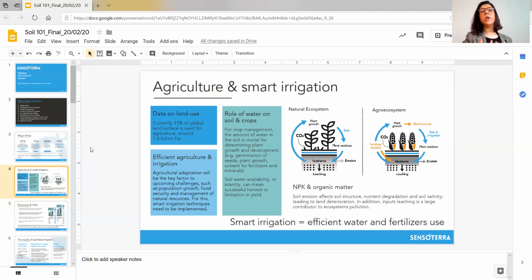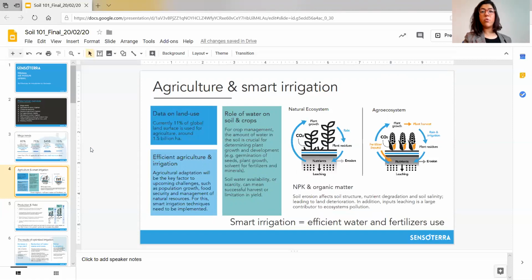And of course, we cannot talk about efficient agriculture without talking about the importance of water as a natural resource for agriculture. So the role of water on soils and crops, it's extremely important for crop management due to being crucial for determining plant growth and plant development.